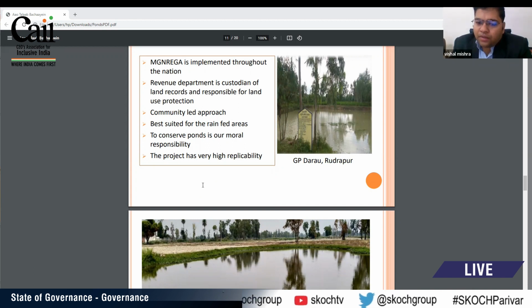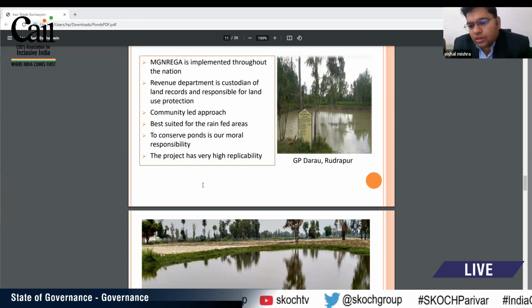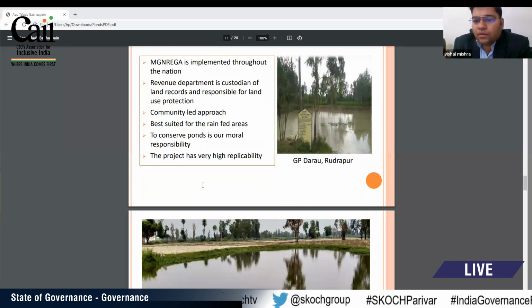So we have created a committee for this allocation. This committee will allocate the ponds to the fishing community, SHGs, and FPOs. In the longer run, not just while digging the pond, but after completing it, when we hand it over to some community, the economic benefits will help the rural poor and their life will change.